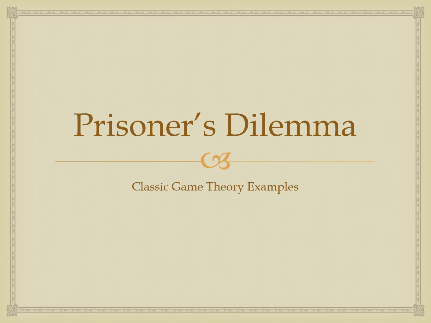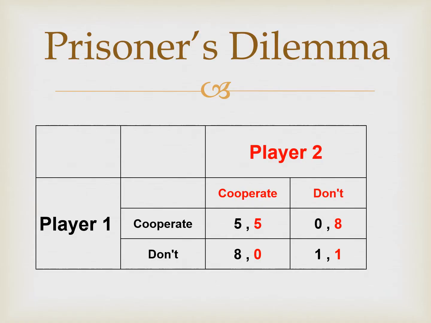Next up is probably the most known game within game theory economics, the prisoner's dilemma. Within the prisoner's dilemma, we have payoffs such as this. Player 1 and player 2 act simultaneously, and their payoffs from cooperating are strictly dominated by not cooperating, yet the overall cooperate outcome is Pareto superior to the Pareto inferior dominant strategy.